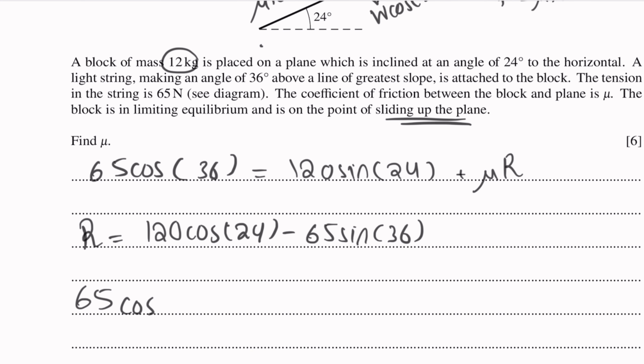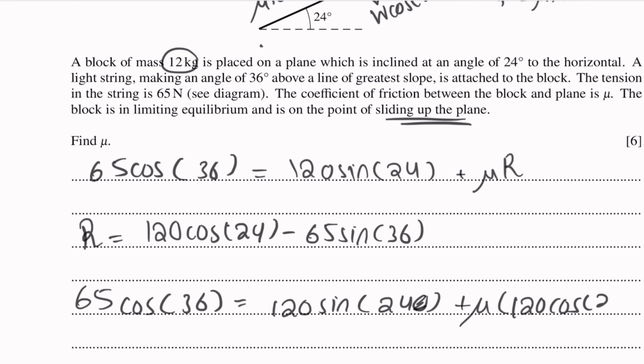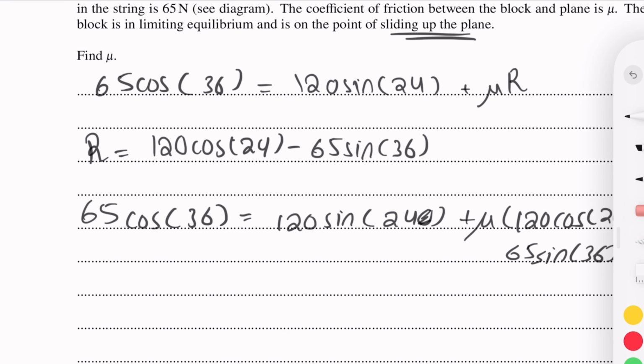So 65 cosine 36 must equal 120 sine 24 plus mu times 120 cosine 24 minus 65 sine 36, and that we're going to solve on the calculator.